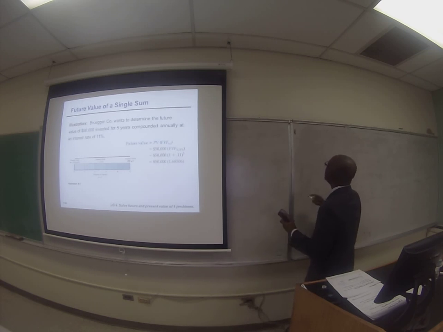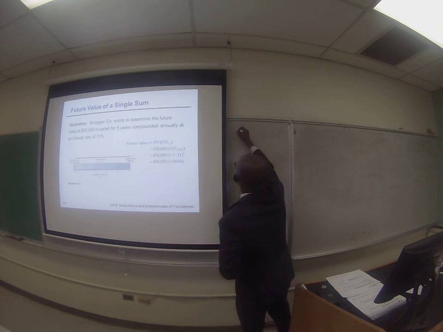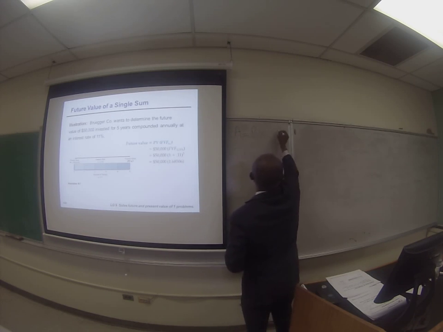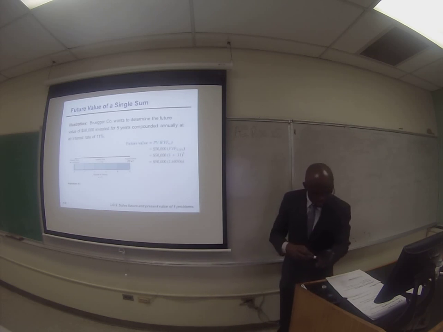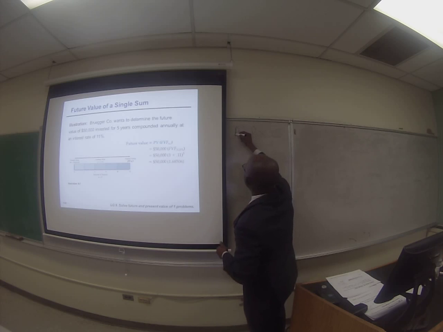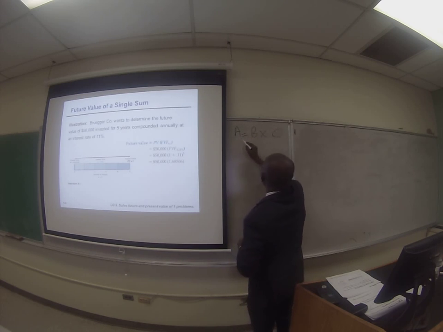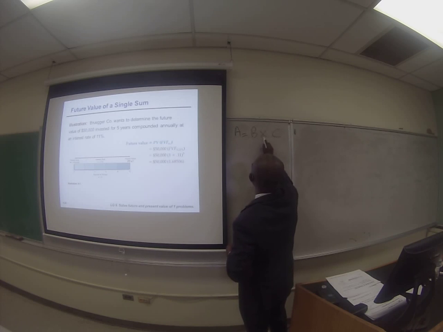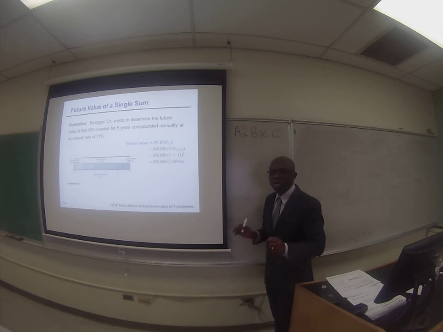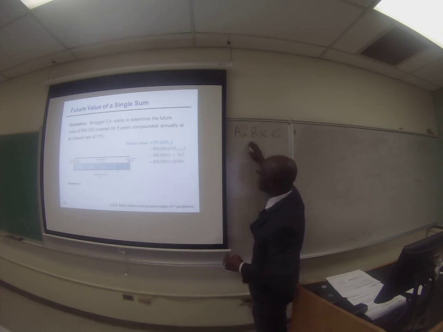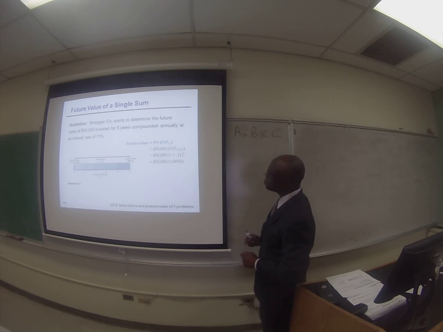And that formula is A equals B times C. The formula is as simple as ABC, and the formula is ABC. A equals B times C. Now, what does that mean? Let's use this formula to illustrate this problem.